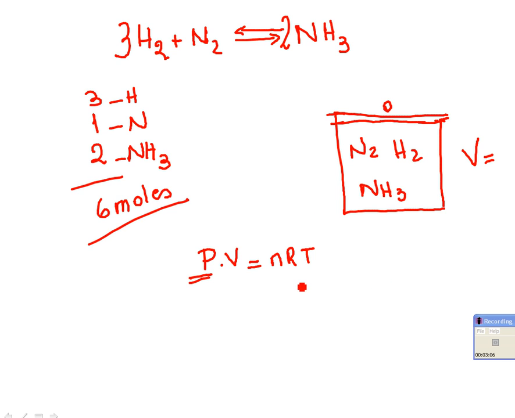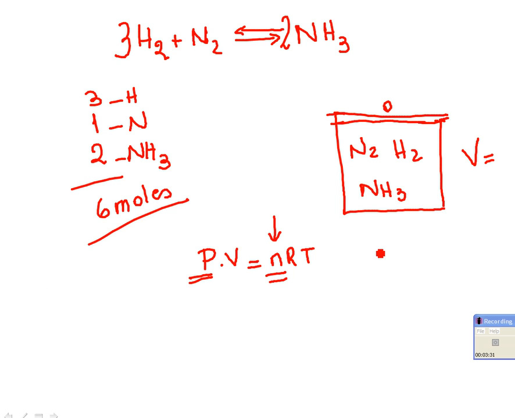The thing is that we need to know the pressure that every single gas exerts alone. How do we do that? We can calculate it putting the formula, okay, and instead of putting n equals 6, we put the amount of moles for that particular gas. Yes?